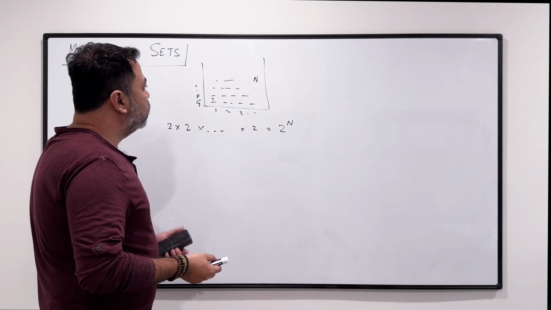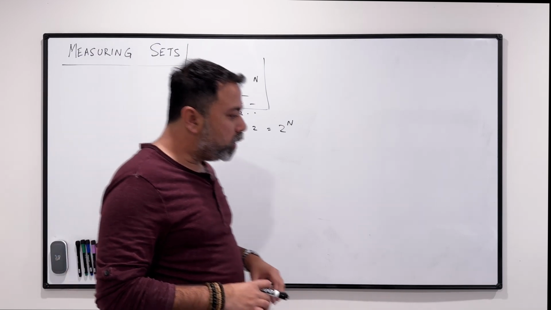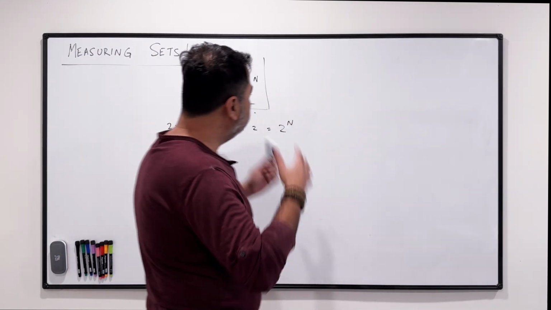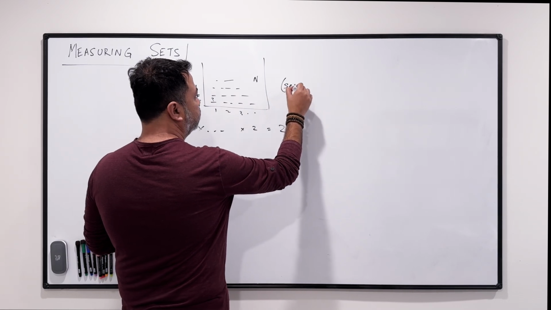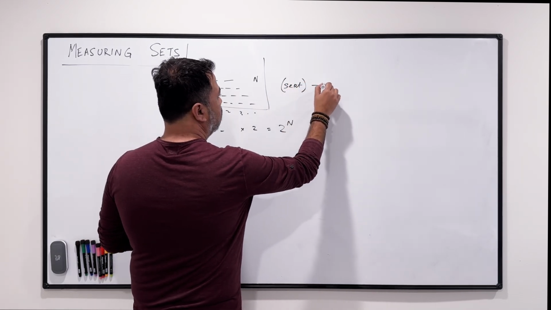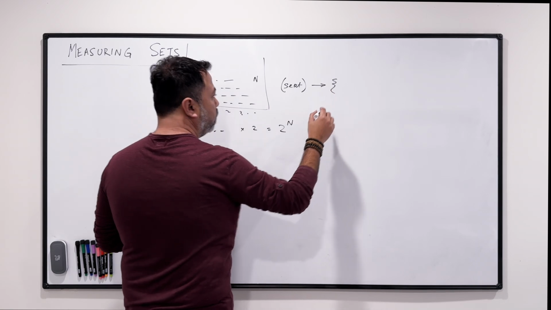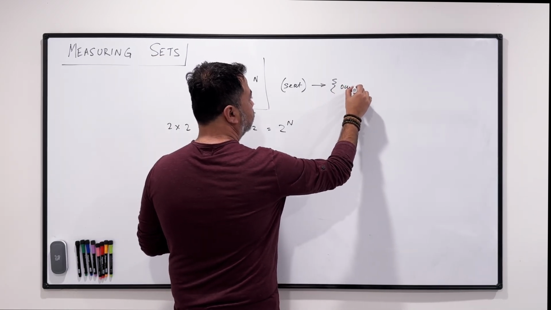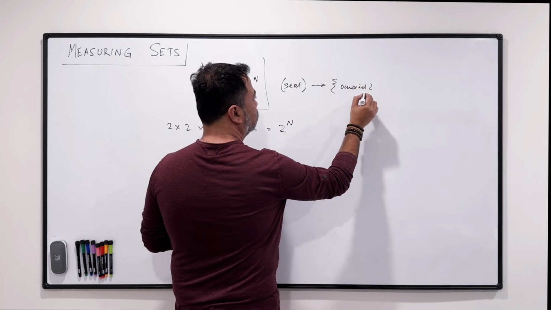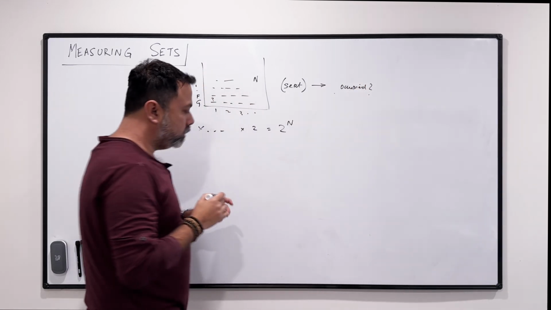But another way in which you can think about it is, what if I thought of a function? This function will take a seat and tell me, is this seat occupied or not?